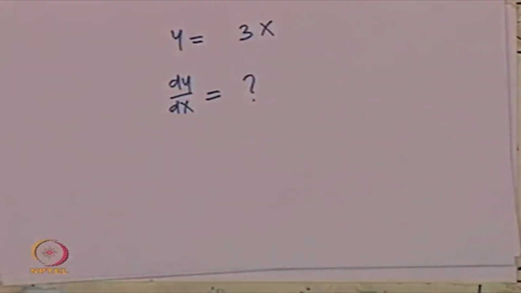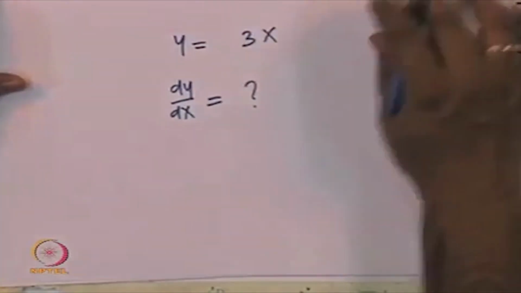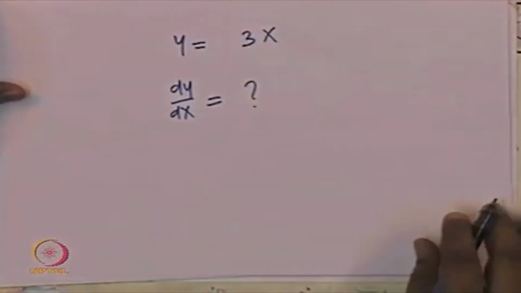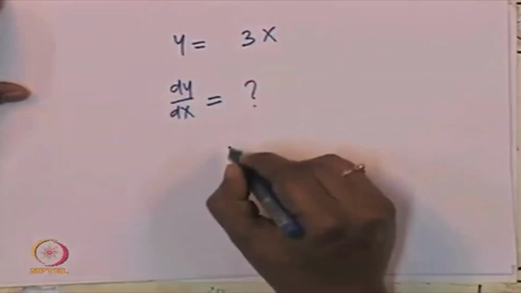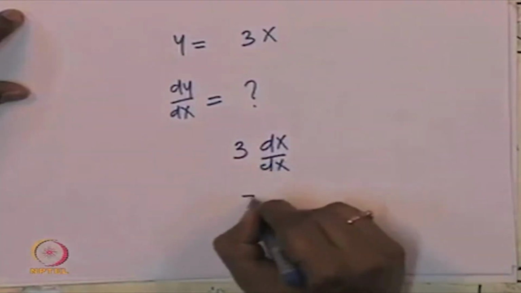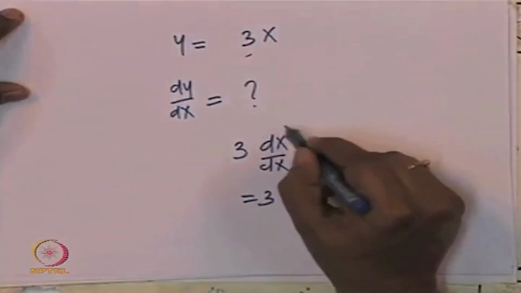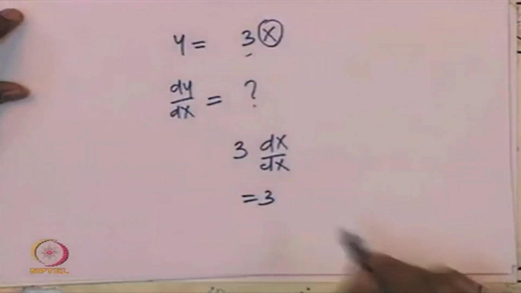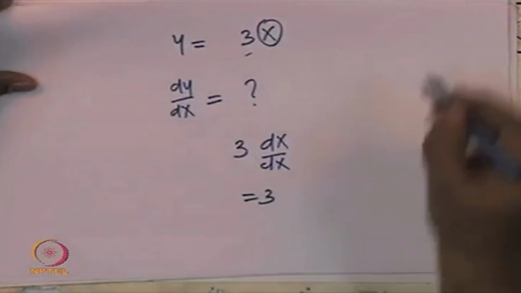It turns out, and we will see the details of this rule later, that you can keep the constant there and take 3 times d x by dx. So, this is 3. You keep the constant there and calculate the derivative of the function, and that is the answer.